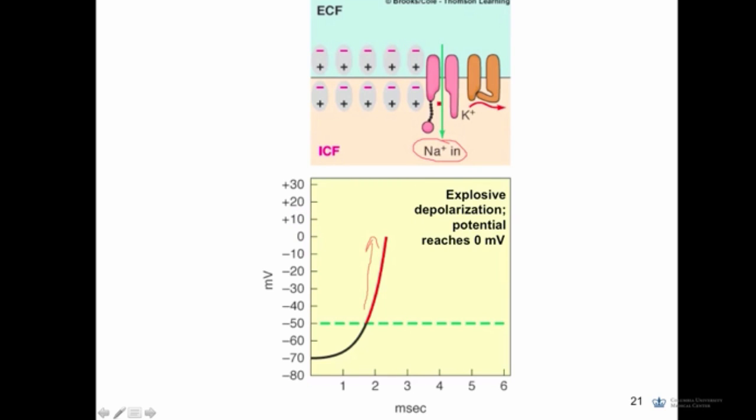Now, this little ball and chain part of the channel is called the inactivation gate. So the way this channel works is when the activation gate opens, there is a particular amount of time that it takes for this inactivation gate to shut the hole. Okay? It's just a few milliseconds, but it's enough to allow a flood of sodium into the cell.